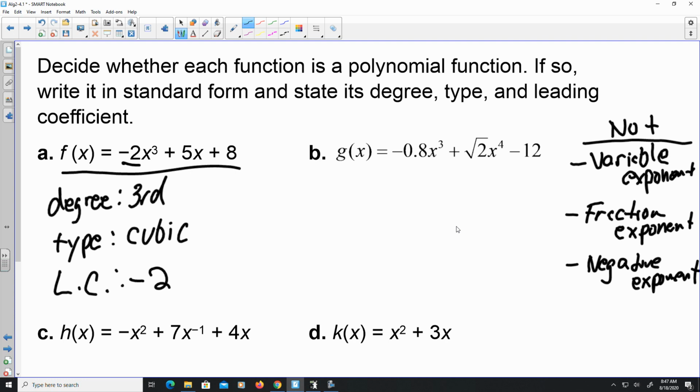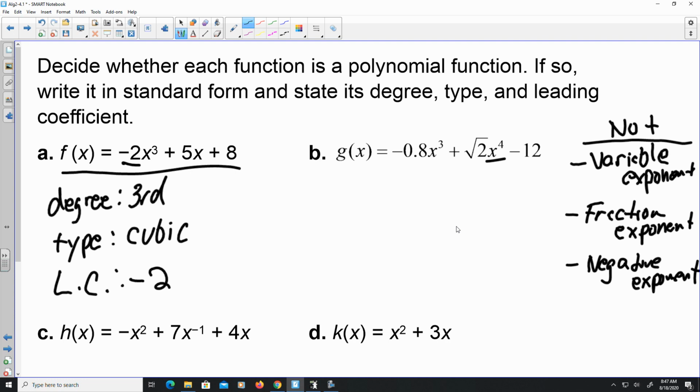If you look at example B, that is, in fact, a polynomial function, it has all the characteristics. There's no negative exponent, there's no fractional exponent, there's no variable exponent. We can go from there. It is not written in standard form because my largest degree is to the fourth power.